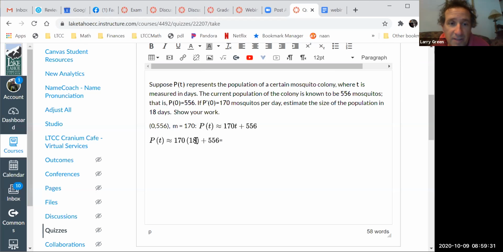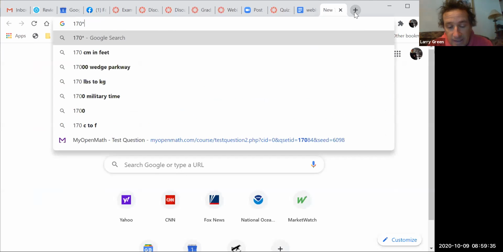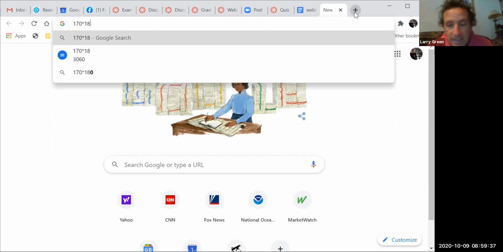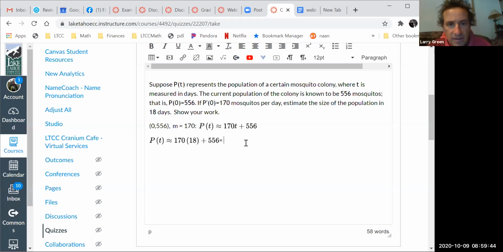And what is that? 170 times 18 plus 556 is 3116. Any questions on this problem? Any questions at all? So far, so good?